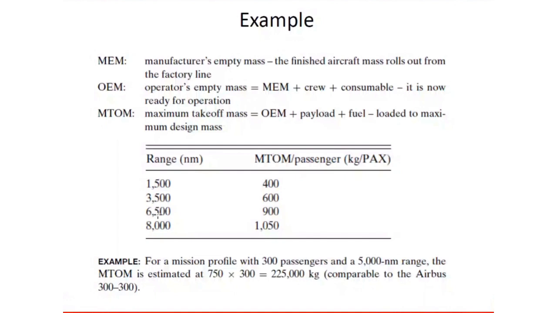And strangely, this is also comparable to the Airbus 300-300 that has the same kind of number of passengers and range. So the point in this example is that while this may look ridiculously simple, the numbers you get will not be atrocious. They will be well within the errors of what you expect. So it makes sense to go ahead and use this initially to estimate the weight.